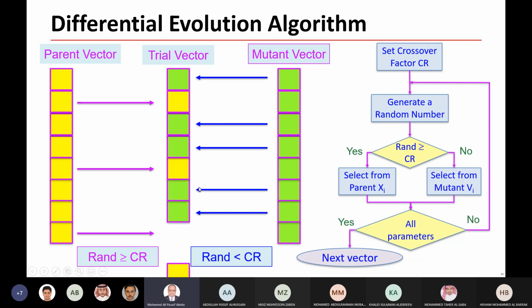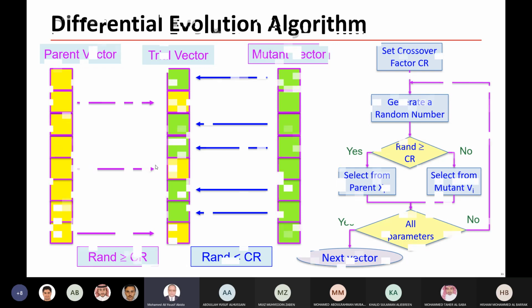So you create the trial solution, or trial vector, here. The next step is to compare between the trial solution and the parent. And the winner will go to the next population.